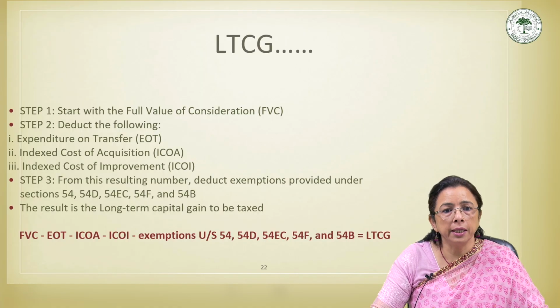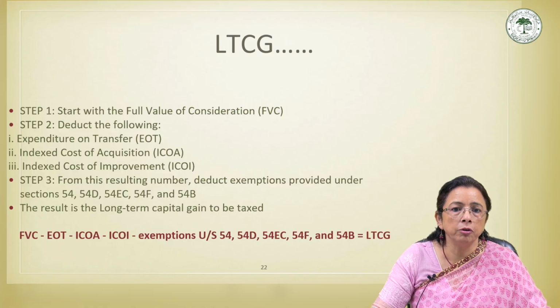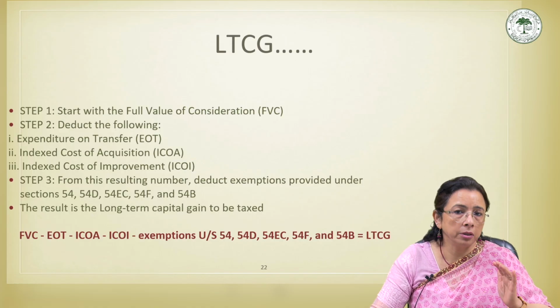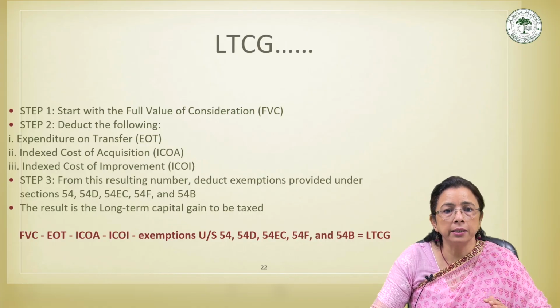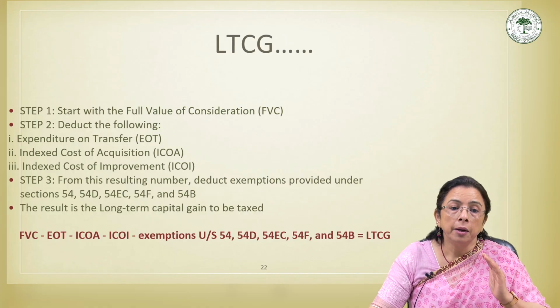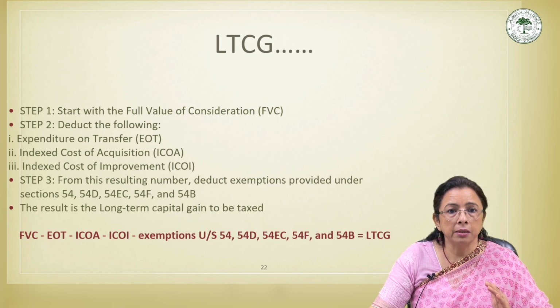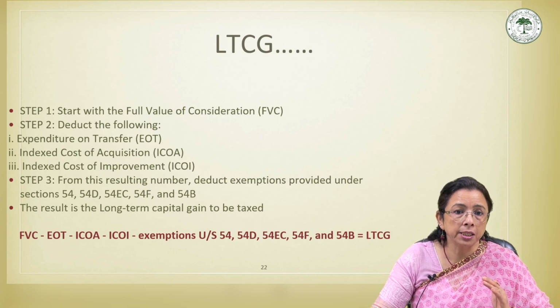The basic formula is that we start with the full value of consideration, that is how much you have received by selling your asset. After that, we deduct the expenditure on transfer, cost of acquisition, cost of improvement, etc. But we also have to consider the exemptions if they are there.